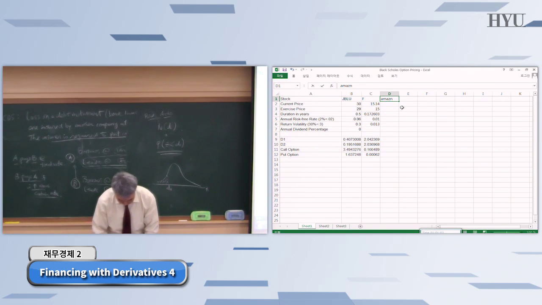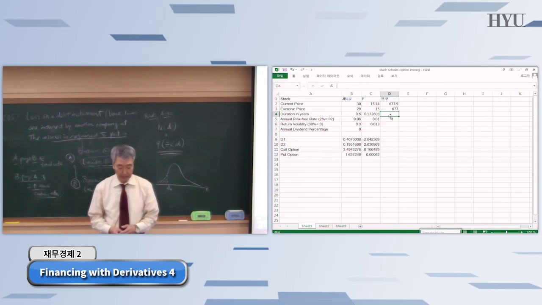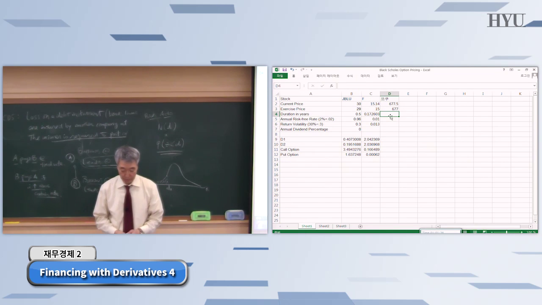And just enter the numbers like 677.5, and exercise price 677, whatever. And duration in years. How many days remaining until the expiration.